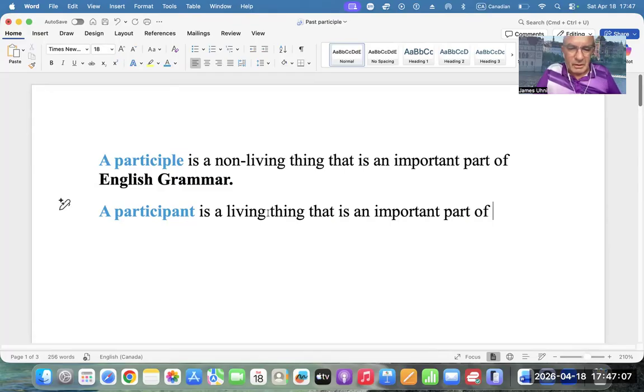Okay, we are missing this part over here. That is a living thing, an important part of English grammar.